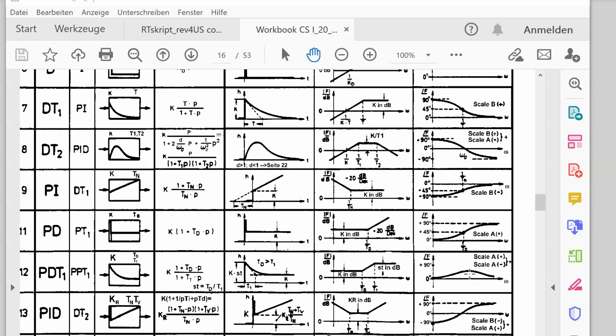The problem in this decision is that the crossover frequency is a result of the design, and before you get omega d, you have to define TD. So we get an iterative process, because we have to select a value before we have results.